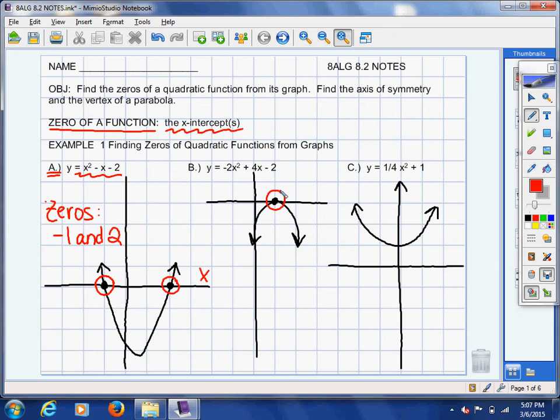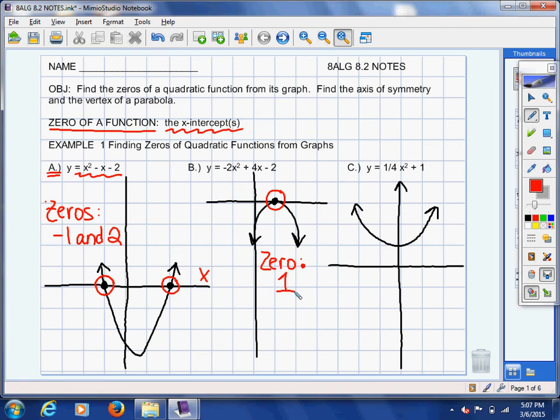You could have 1 where your x-intercept, or 0, is the same point as your vertex. That's possible. Or you could have 2 totally separate ones, independent from your vertex. So we have 1 in letter B, and so this particular 0 is located at +1.